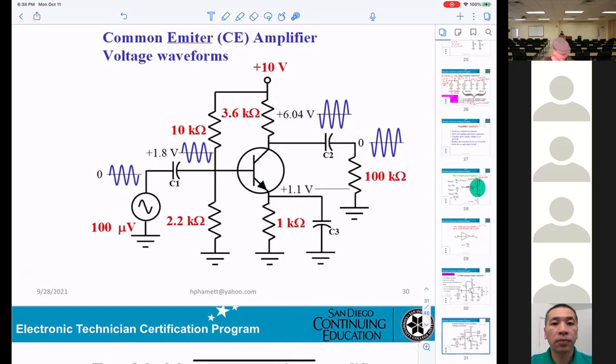So if you want to measure sideways at this point, your oscilloscope will be set to which coupling, AC coupling or DC coupling? AC.